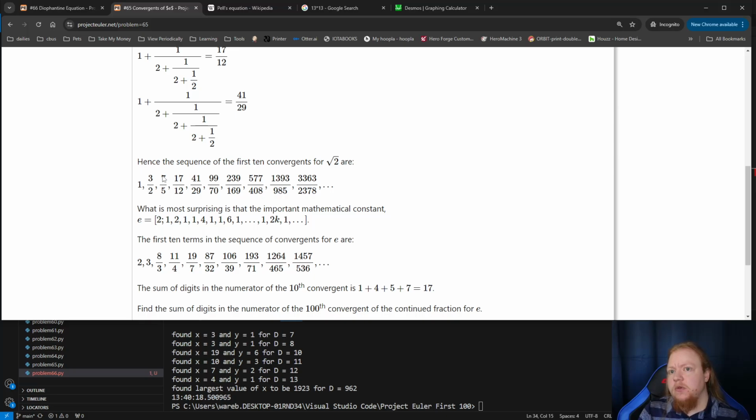So 5 is 2 plus 3, 7 is 5 and 2, 12 is 7 and 5, 17 is 12 and 5. I don't think it's that simple for most of these numbers. Like, for instance, E in particular doesn't act like that.